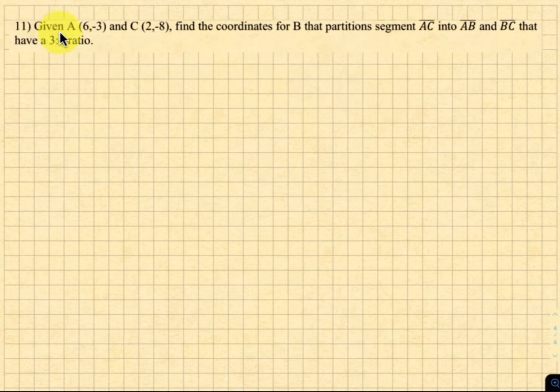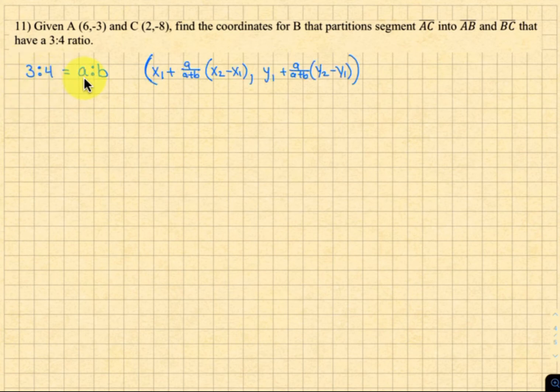And number 11, given point A, which is 6, -3, and C is 2, -8, find the coordinates of B that partition segment AC into AB and BC that have a 3:4 ratio. So the 3:4 ratio is our A to B, and again, this is the partition formula.